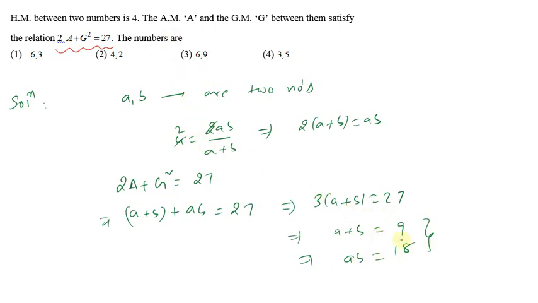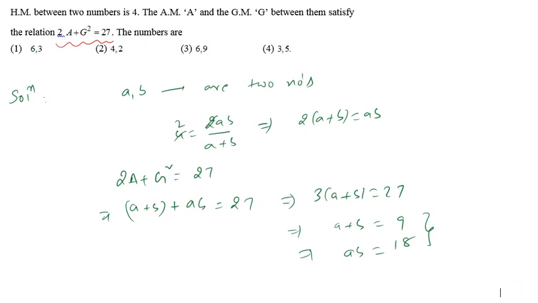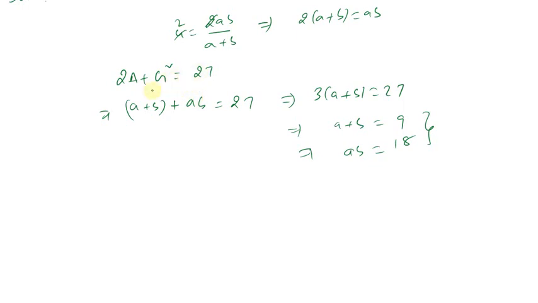So see, the sum of the roots and the product of the roots. Let me frame the quadratic equation whose sum of the roots and product of the roots is given. The quadratic equation whose roots are a and b is x square minus x into the sum of the roots, which is 9, plus the product of the roots is equal to 0. Now x square minus 9x plus 18 is equal to 0, so 6 3s are 18. X is equal to 6 and 3. These are the two numbers. Okay, move to the next one.